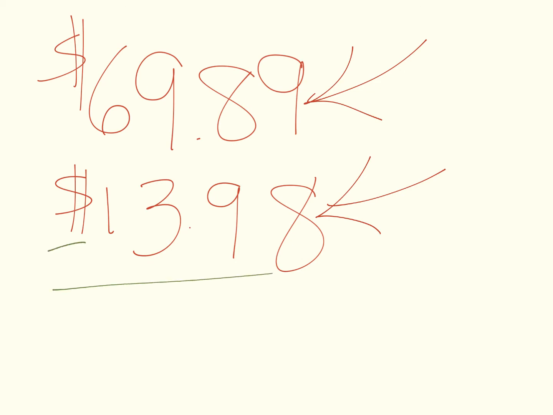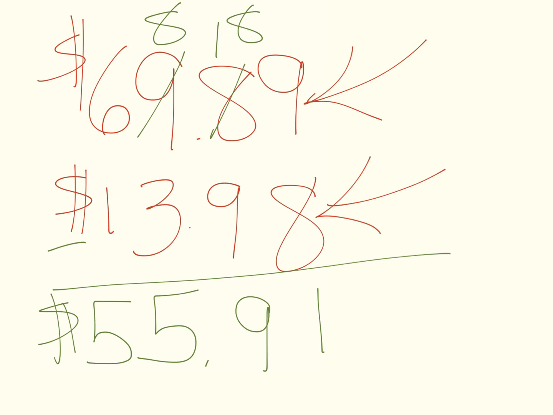So I'm going to subtract these 2. So go ahead and do the subtraction and see what you get. Did you get $55.91? Yep, that's what I got. So you will pay $55.91, or I will pay $55.91 for those 3 graphic tees from American Eagle.